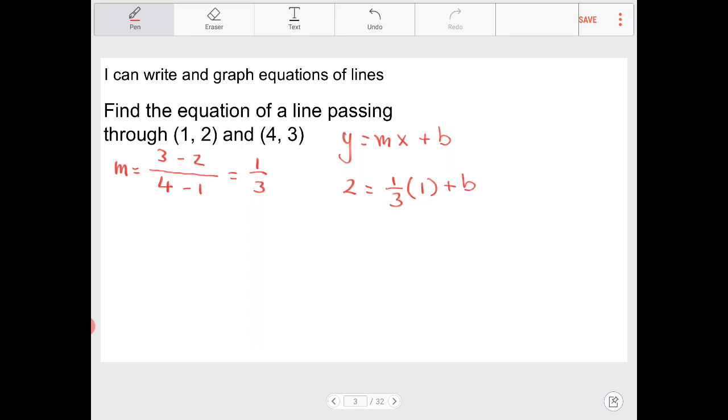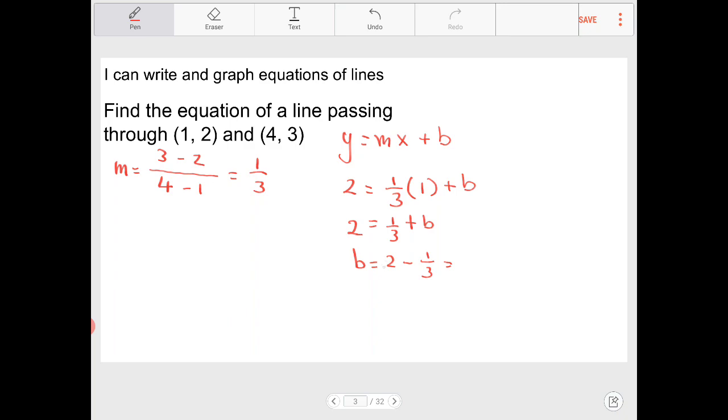In order for me to do this, I know that 1/3 times 1, or anything times 1, is itself. So I have 1/3 plus b is equal to 2. In order for me to find out what b is, I want to subtract 1/3 from both sides. I end up with 2 minus 1/3. And in order for us to subtract fractions, we've got to create common denominators.